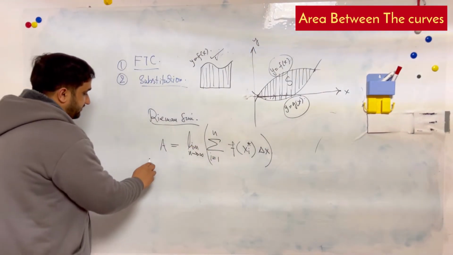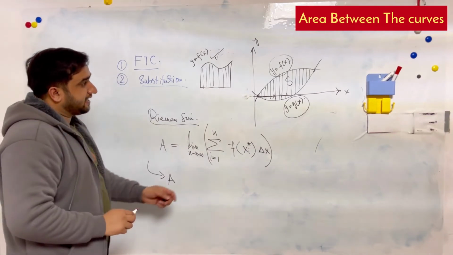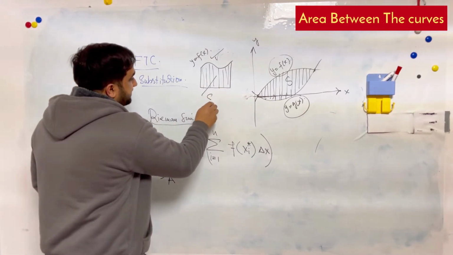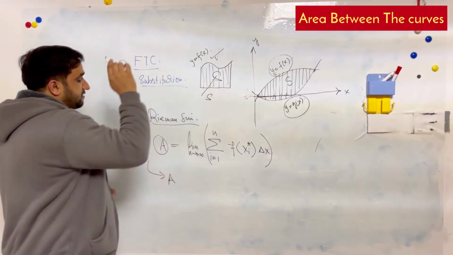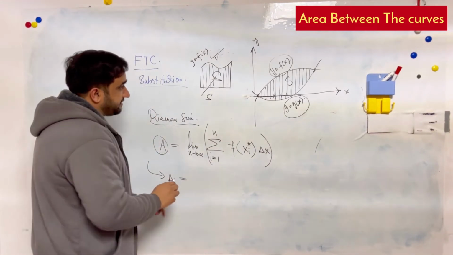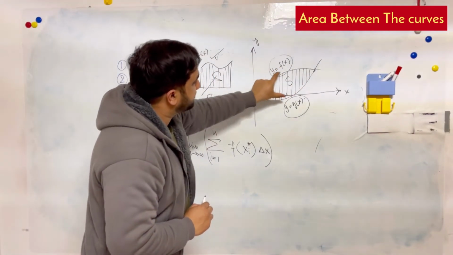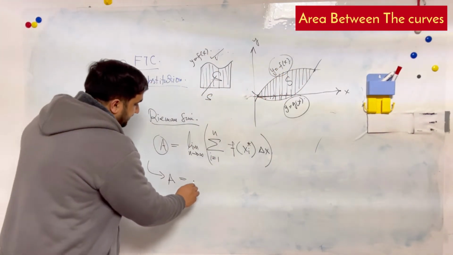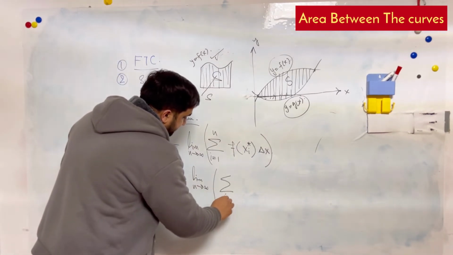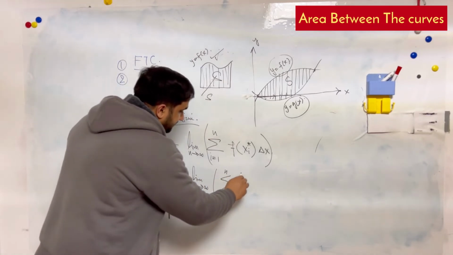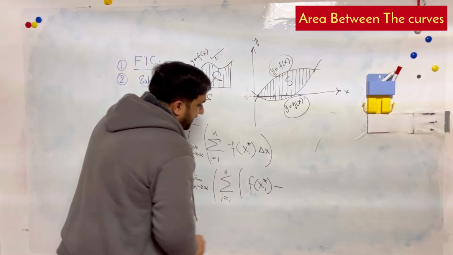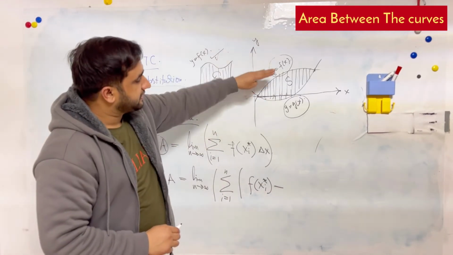So the same formula is going to shift, and the area of this region S, which is inside these whole slices. The same concept is shifted, and the area of this region inside this whole curve geometry is limit n approaching infinity, summation i from 1 to n, the first function f of xi star minus g of xi star, where f is the upper function, and there is one condition.